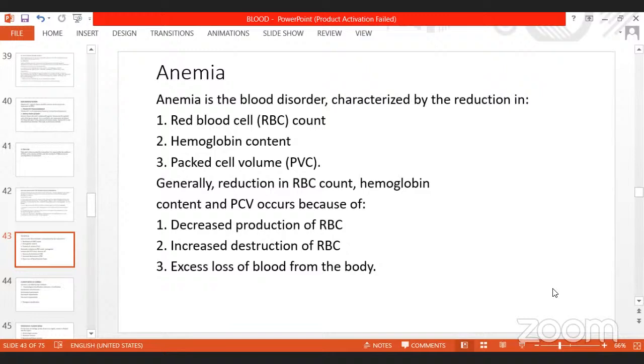Means if there is a decrease in RBC or hemoglobin content, it will lead to a disease condition known as anemia. So it is the general reduction in RBC count or hemoglobin or PCV because of decreased production of RBC or increased destruction of RBC, or if there is a loss of blood from the body.